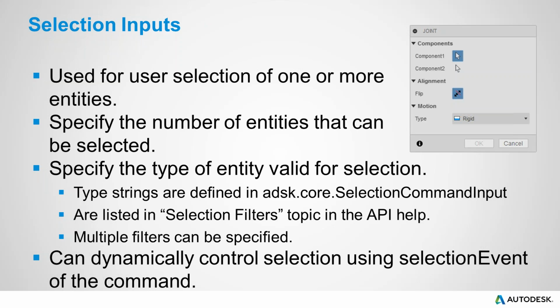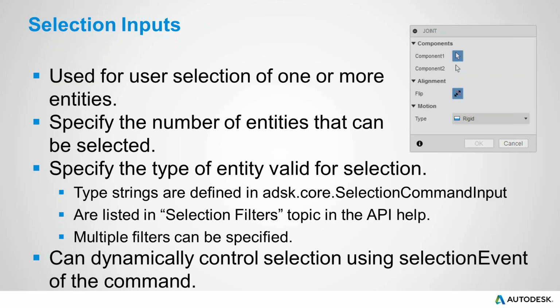So he picks the first face, and then I'm listening to that selection event. And so now as the cursor is moving over the model, when it moves over another planar face, before it does the pre-highlight to the user, it fires this selection event. And then I get back the entity that's under the cursor, and then I can look at it and do some analysis to decide if I really want the user to be able to pick that.